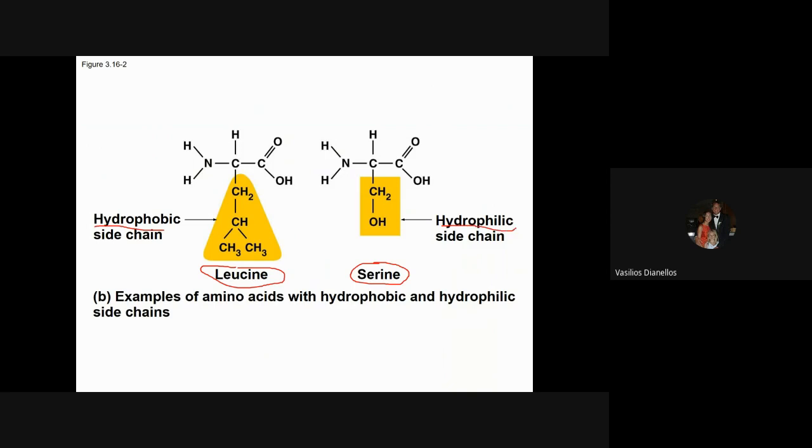Or even better, forget about the water. Keep in mind that a hydrophobic thing is attracted to another hydrophobic thing, and a hydrophilic thing is attracted to another hydrophilic thing, but they repel each other. So if this were on a protein, these two things would try to stay apart, because they would repel each other.